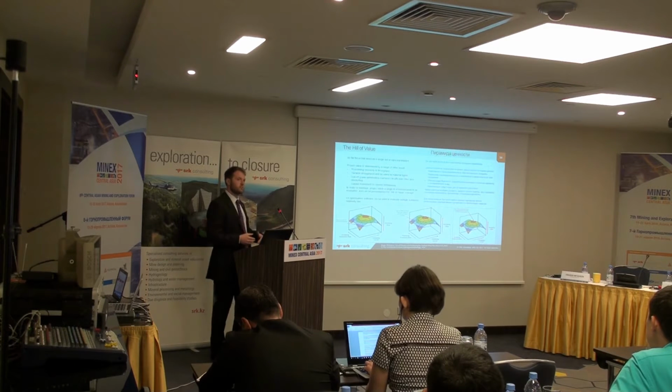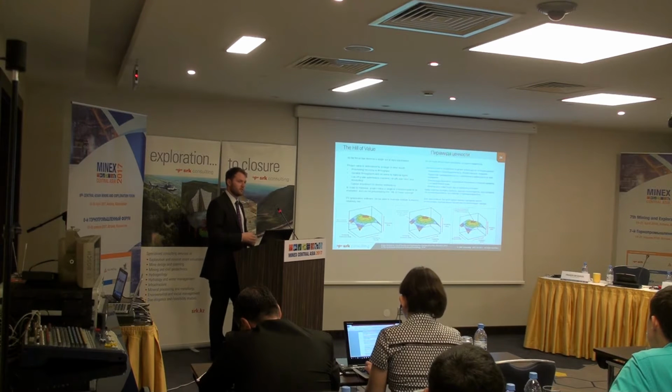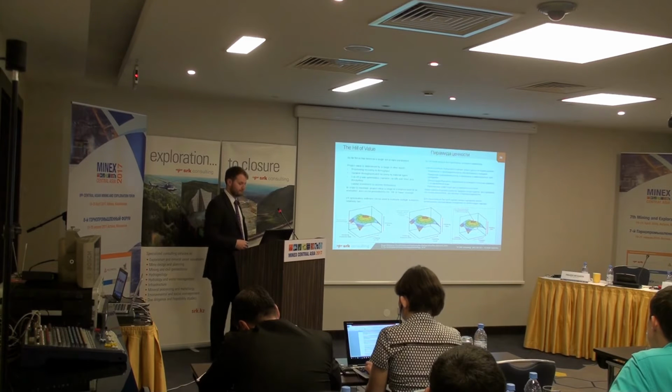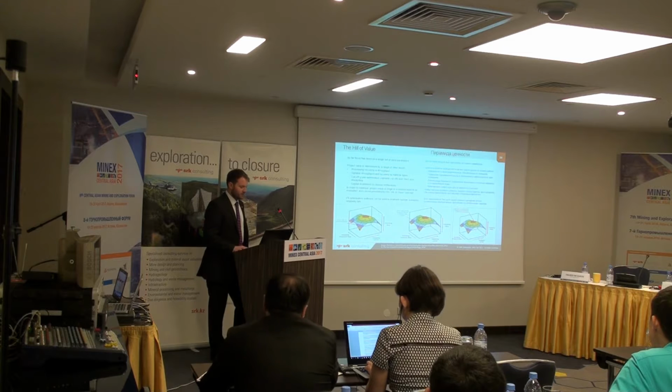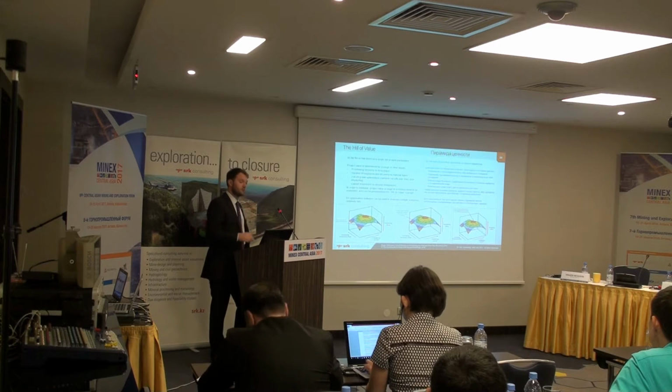For example, change the processing throughput and the cut-off grade. So simultaneous changes in inputs can actually achieve significantly higher value. So the optimization must be undertaken on all of the inputs in order to climb the hill to find the highest value of the project.